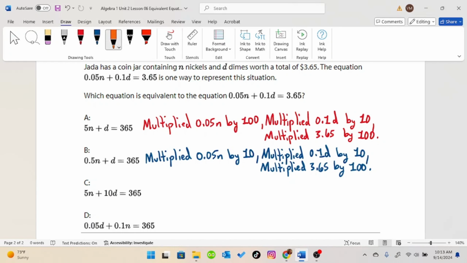Choice C. To go from 0.05n to 5n, you multiply by 100. To go from 0.1d to 10d, they multiplied by 100.